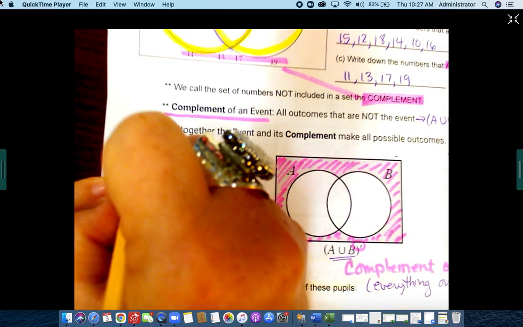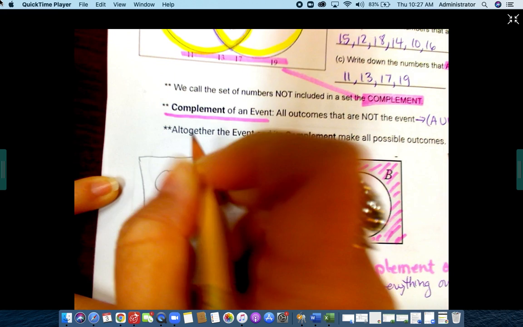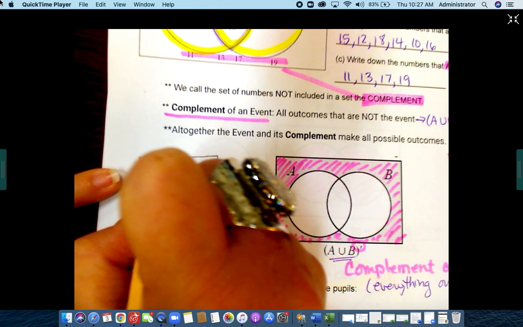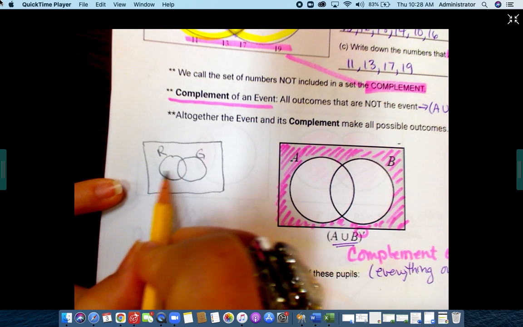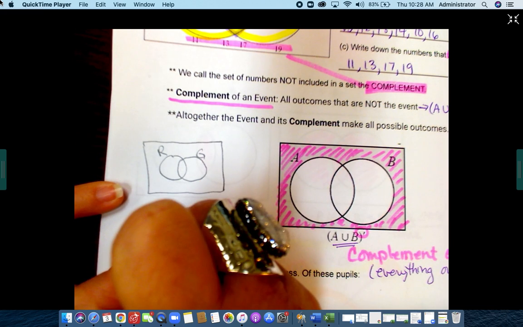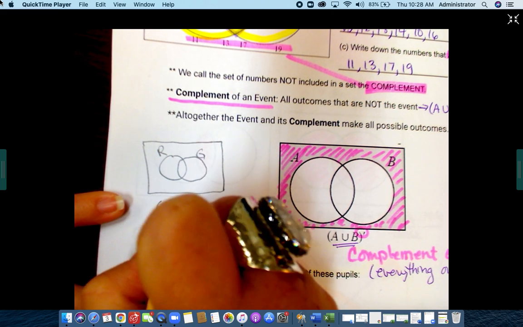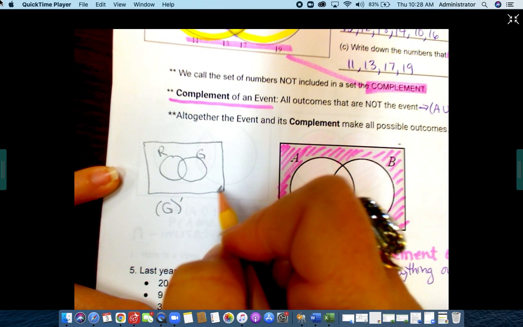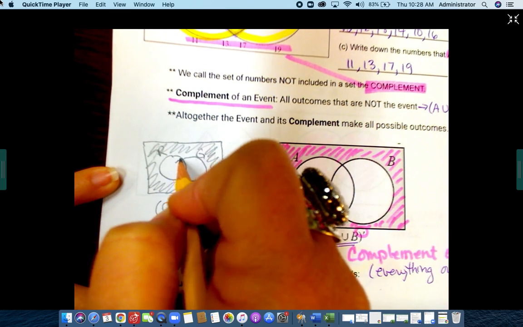Just to further drive it home, if I did have two circles that overlapped, and I called this, let's see, is your favorite color about Christmas time? So red or green. Students whose favorite color is red or green or both. If I say, what is the complement of G, it would be everything except what's in circle G. So it would be all of this is not in circle G, but all of this is not in circle G either.